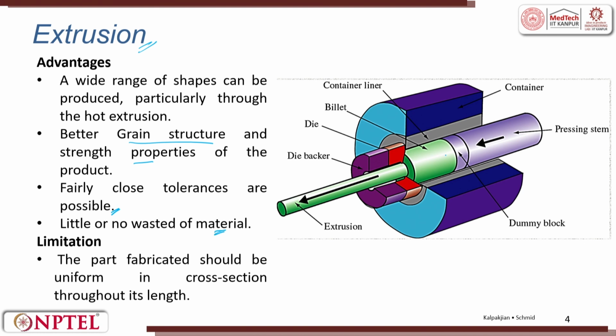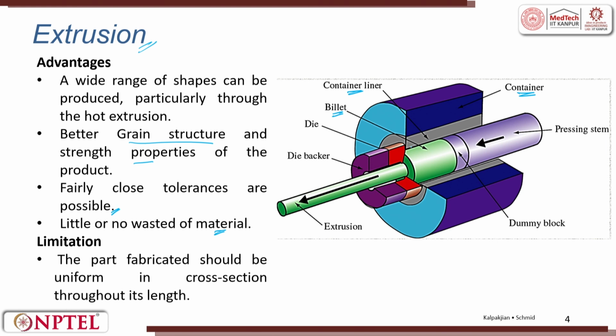The workpiece I was talking about is nothing but the billet. Now, you remember the ingot and billet we went through in the previous lectures. You can see here the container and a liner. It is almost the same analogy as in an automobile. Why is there a liner? Because there is a lot of friction.